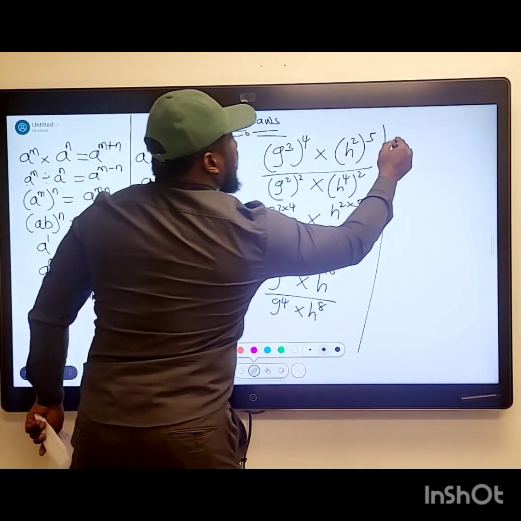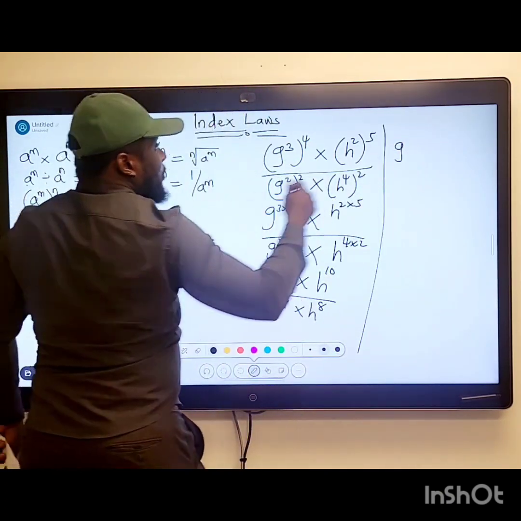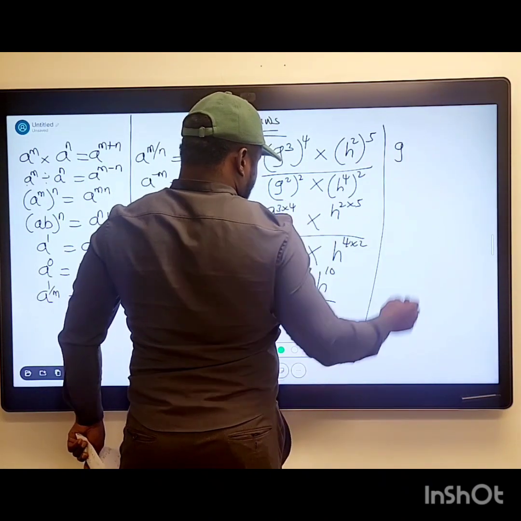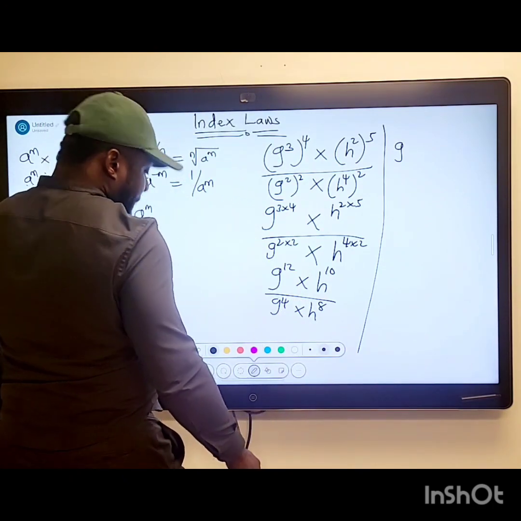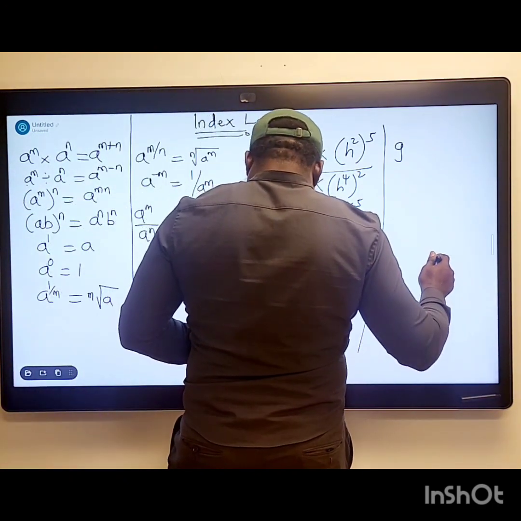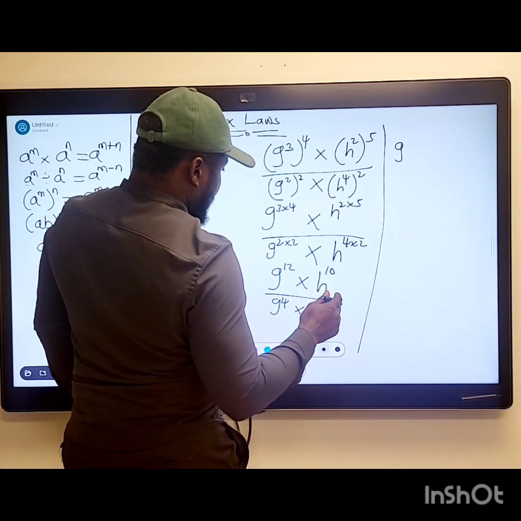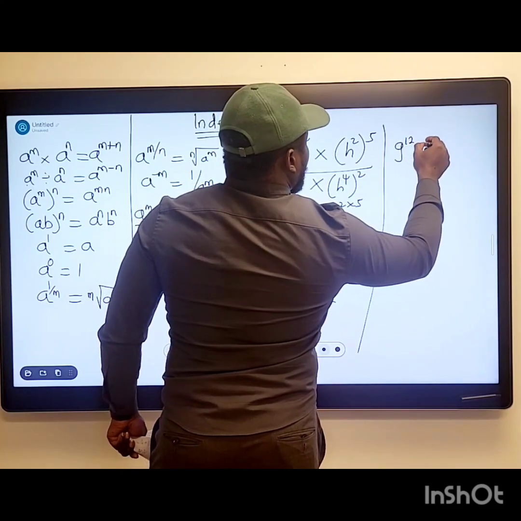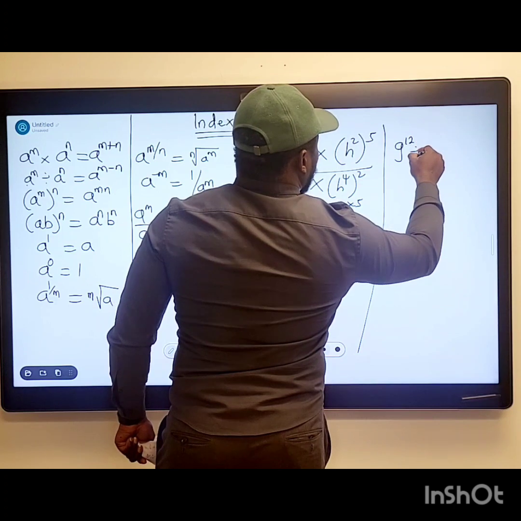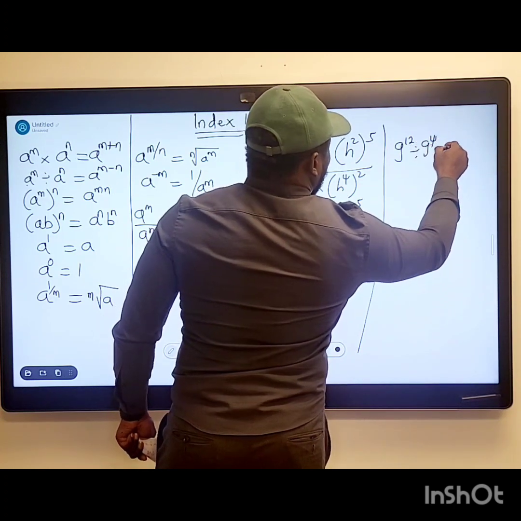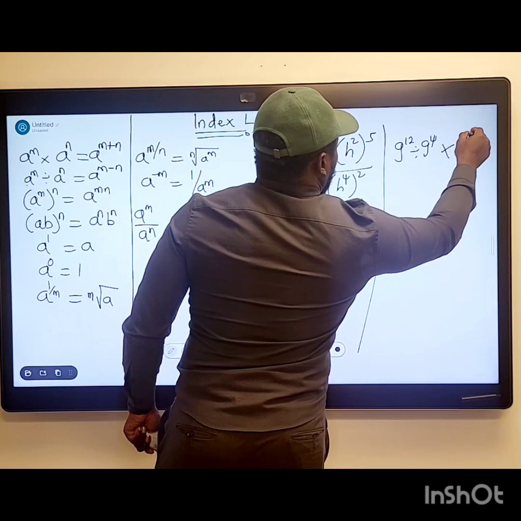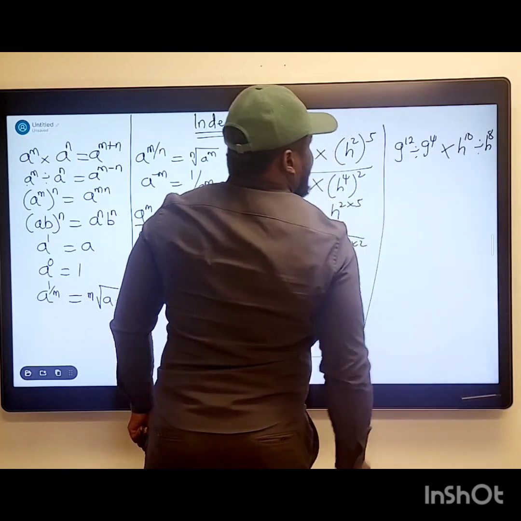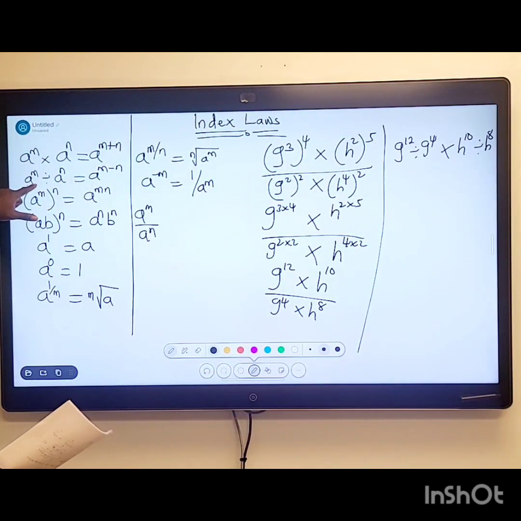So this will give us G raised to power 12 divided by G raised to power 4 times H raised to power 10 divided by H raised to power 8. So now you can see that we are now into this law.